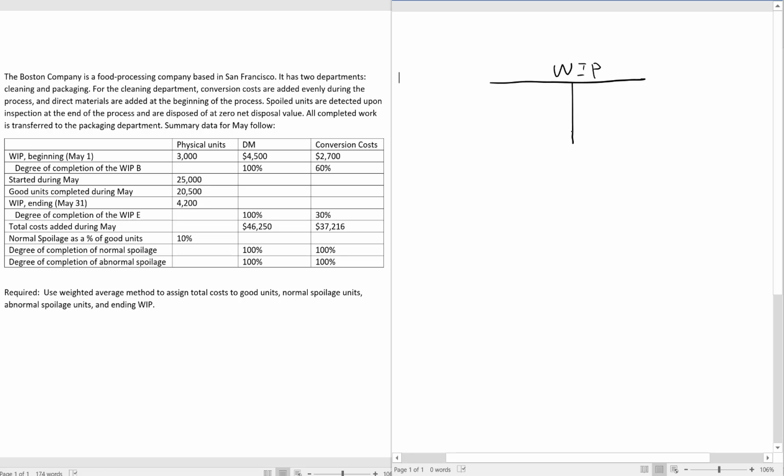Work in process beginning inventory is 3,000 units, and units started in production are 25,000 units. So the total units in production during the period are 28,000.